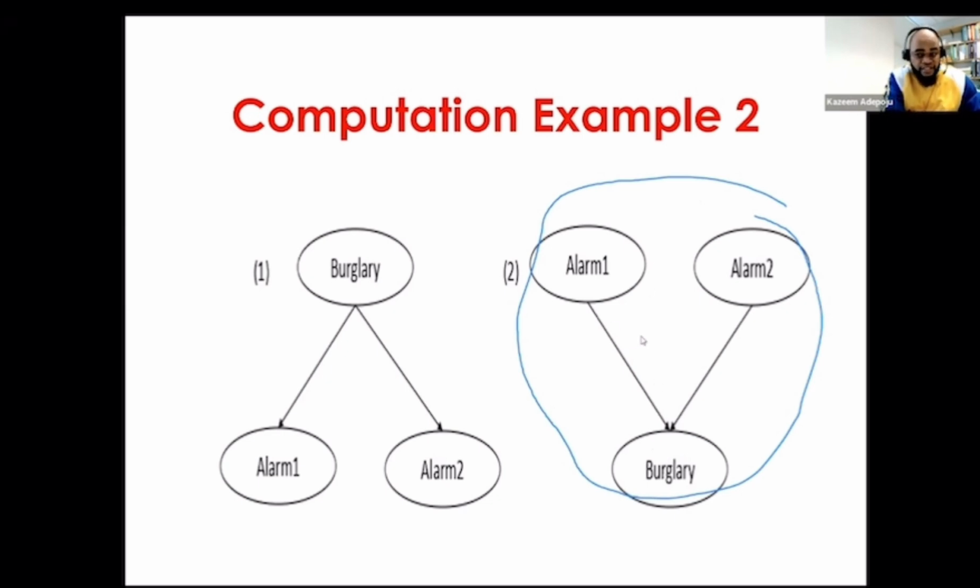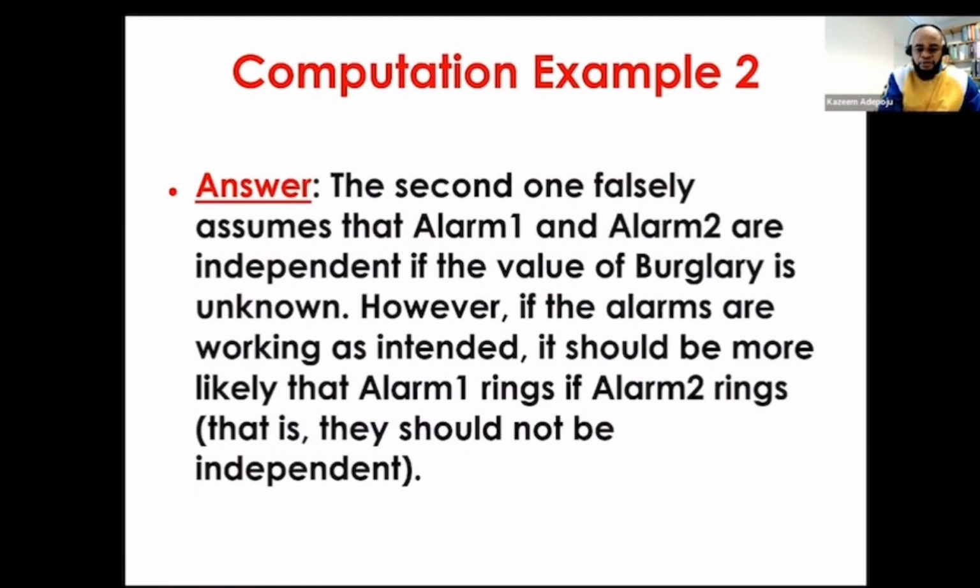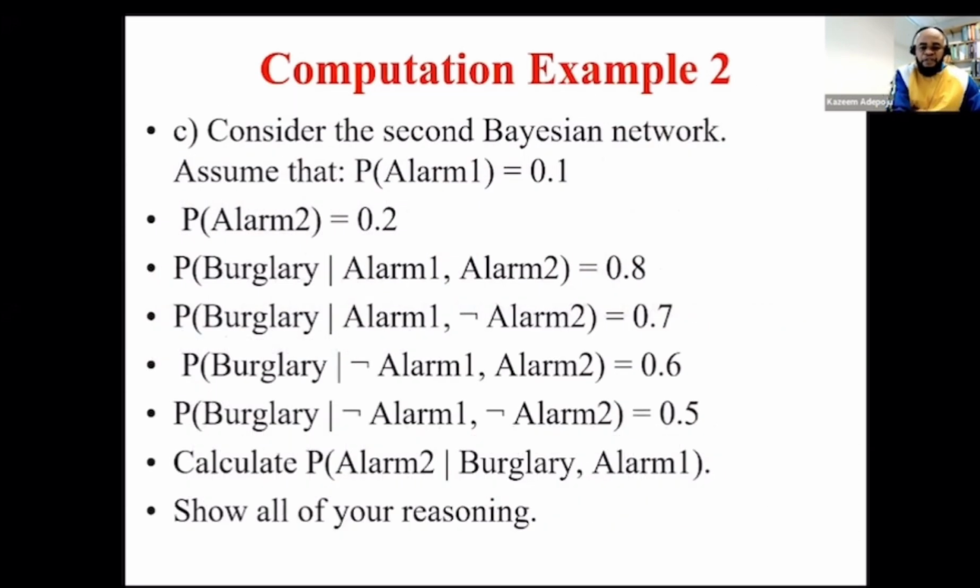Now we're going to be focusing on this guy to answer the next question. In that question, you are given the probability of alarm 1 to be 0.1, and alarm 2 to be 0.2. Don't forget, the question we want to answer now is about alarm 1 and alarm 2 that are standing together, with no dependence between them.